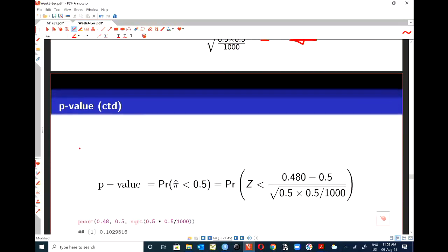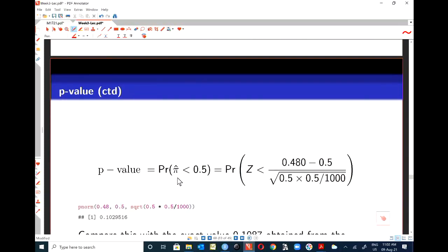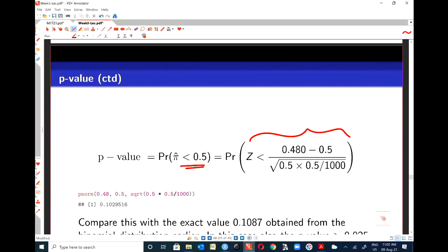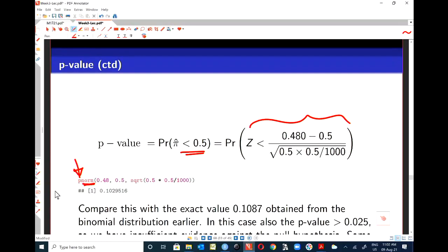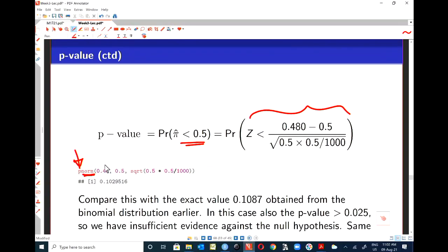If I do that, what I'm after is the p-value, the probability that pi hat is less than 0.5, which comes to this kind of calculation. I've done that here. The norm in R is the normal distribution, and p stands for probability, so it's finding the probability of being less than or equal to 0.48.